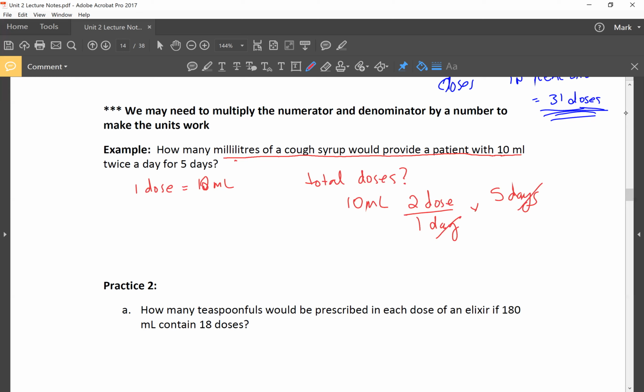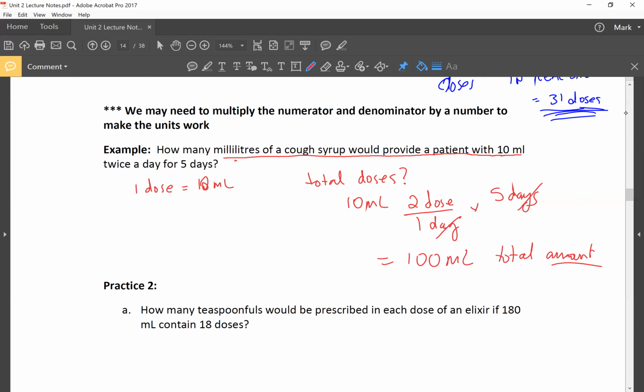So we're taking 20 milliliters per day for 5 days. So it would be 10 times 2 times 5. This is total 100 milliliters is our total amount.